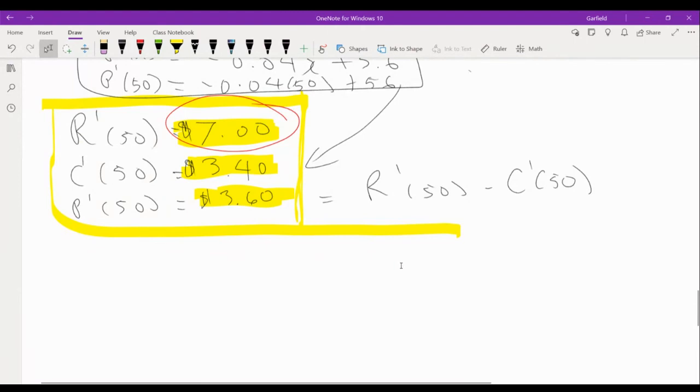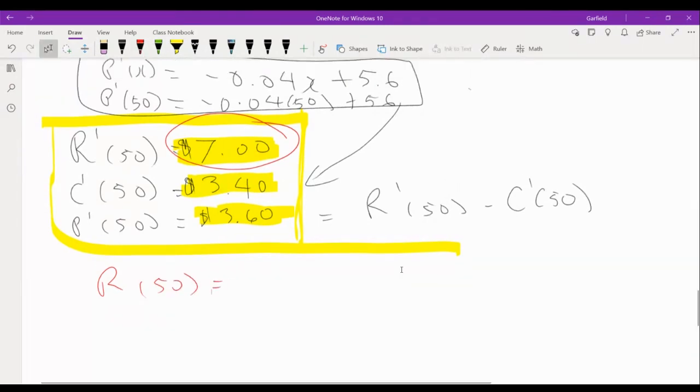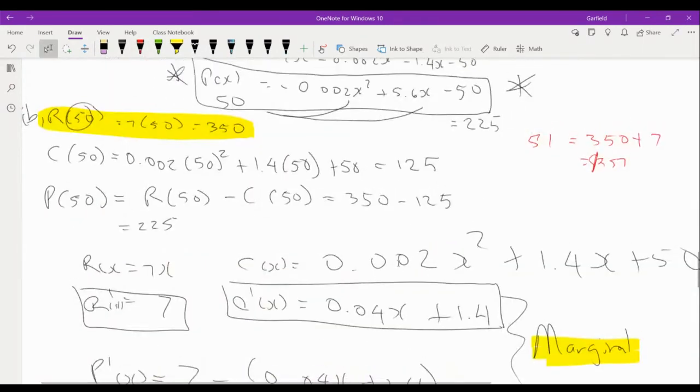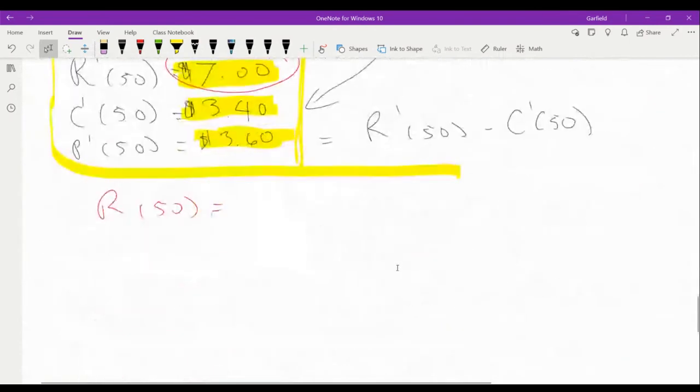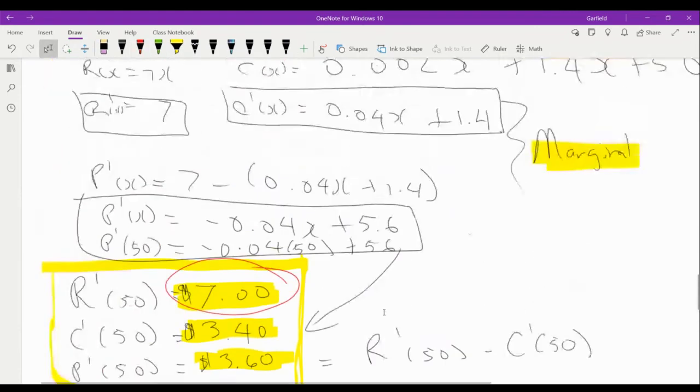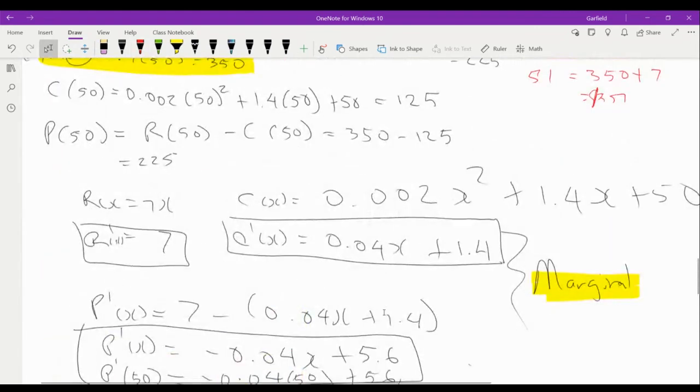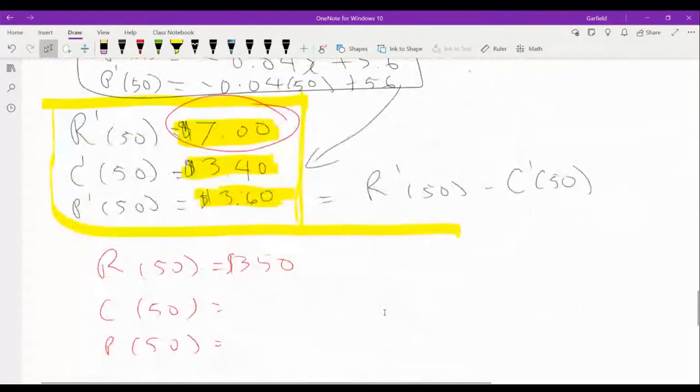So R of 50 was equal to... I just don't want to move on until you get this, and the cost of 50 and the profit of 50, $125 and $225.